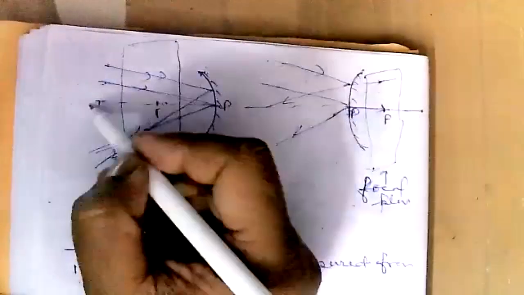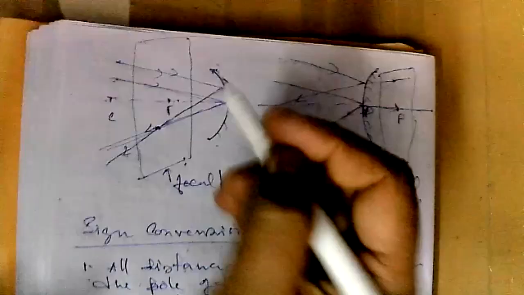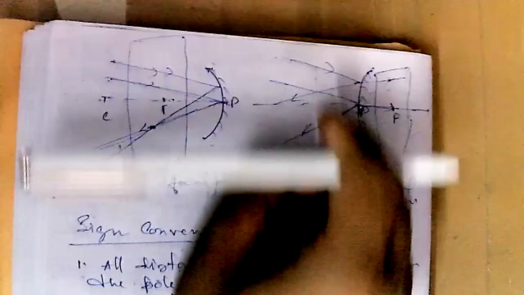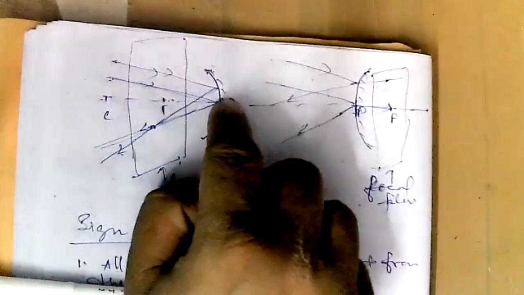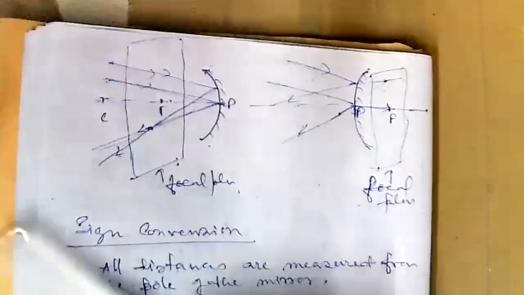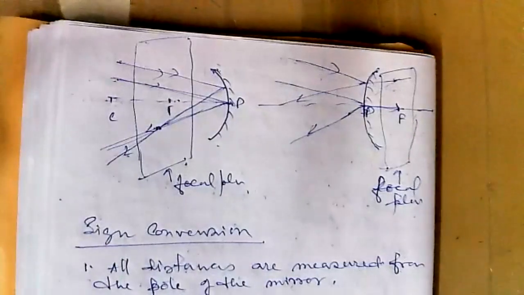So in case of a concave mirror, this focal length or radius of curvature are all negative because they are measured in the direction opposite to the direction of the ray. The direction of the ray is in this way, but we are measuring PF in the opposite direction, PC in the opposite direction. So they are taken negative. Okay.